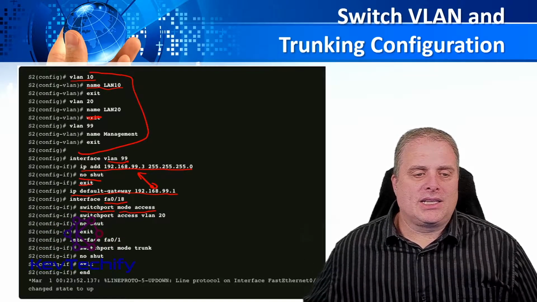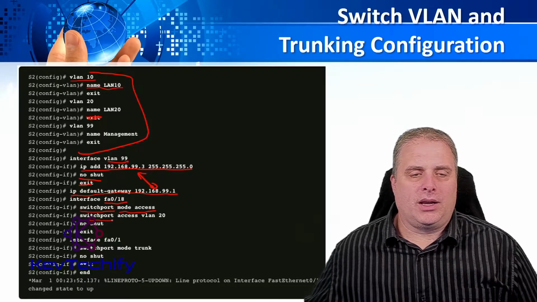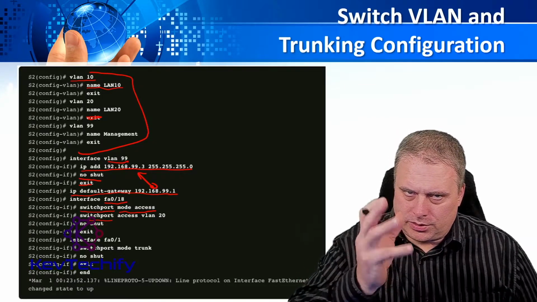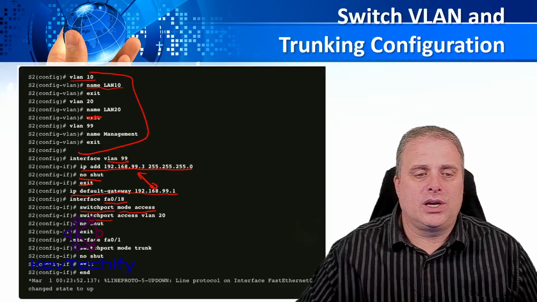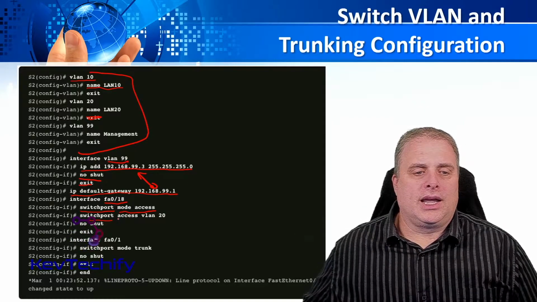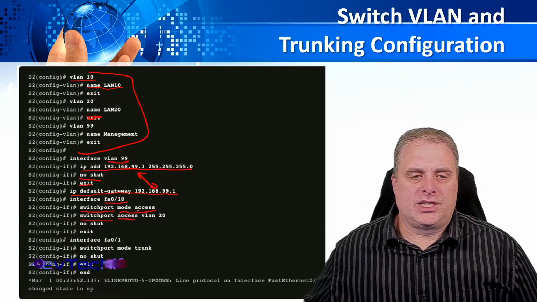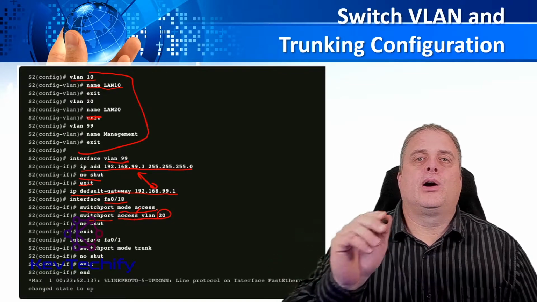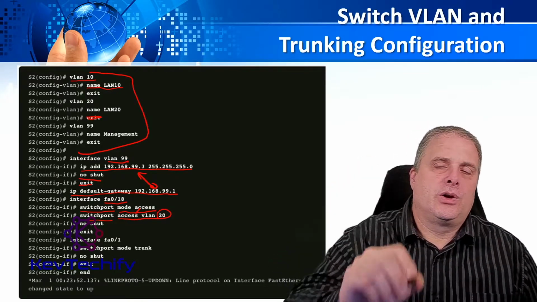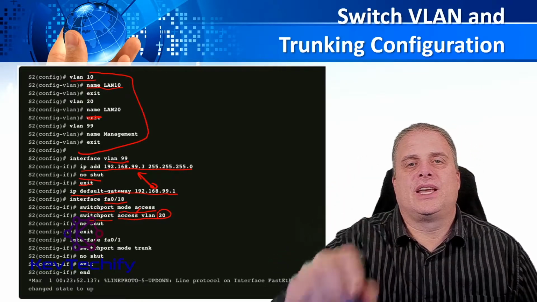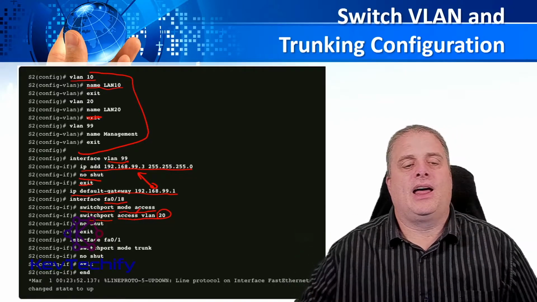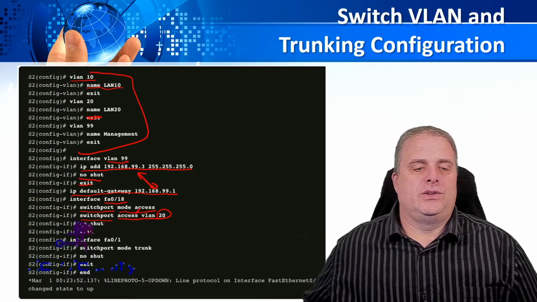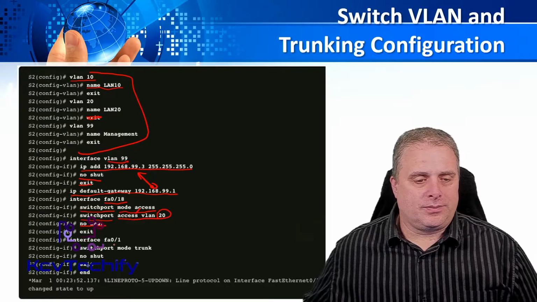Once we change it to access, then it's another switch port command because once again, you're dealing with the settings on that port on that switch. We are looking at the access settings because we set that as an access port, and we're going to say you are in VLAN 20. And so the 802.1q tagging is going to be 20 for the information we're sending out of there and receiving on that port. Once you do that, make sure you do a no shutdown.